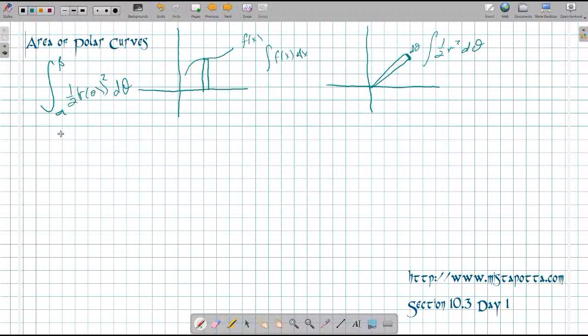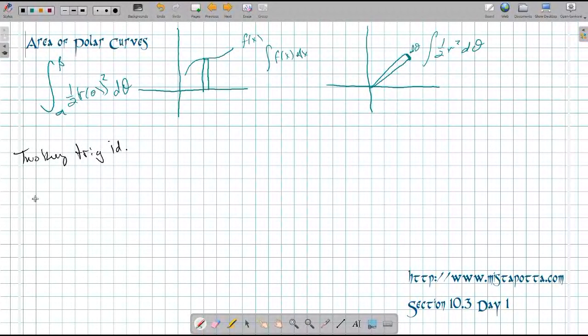And so when I'm doing these, there's really two key trig identities that I need to remember. They're both the half angle formula trig identities.